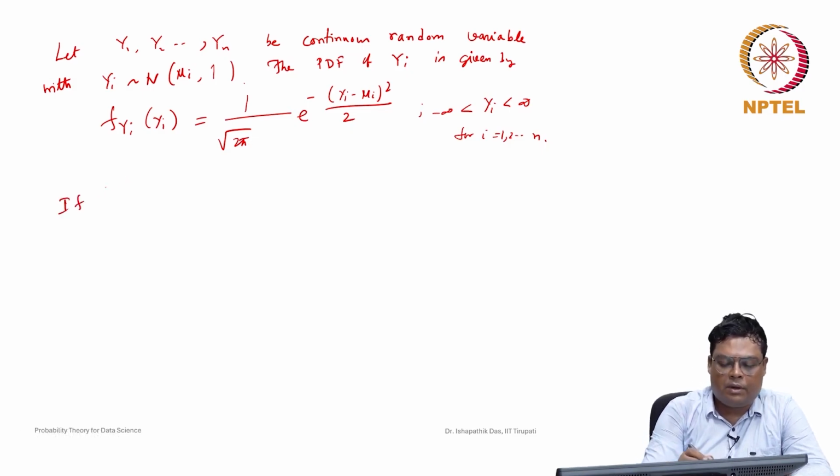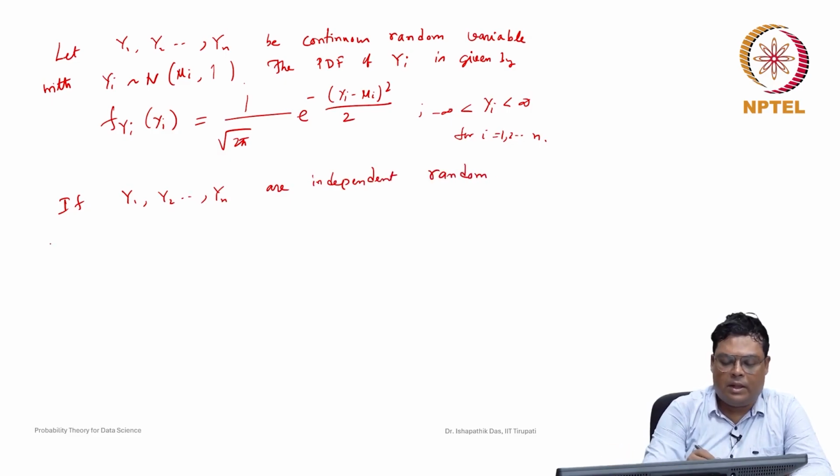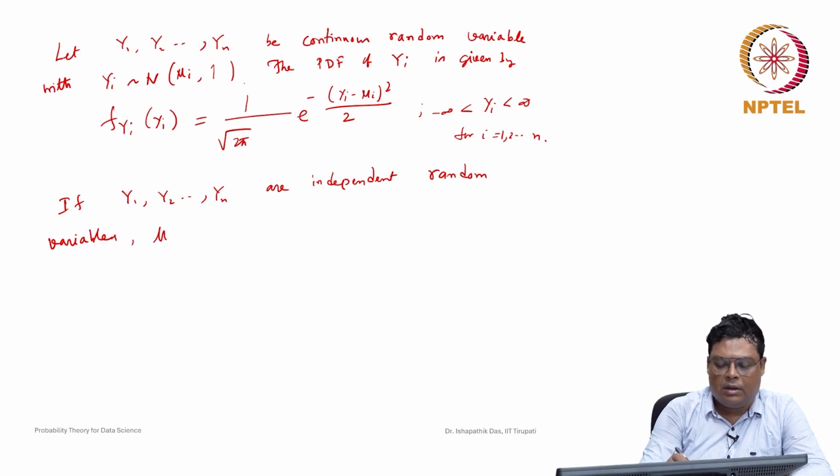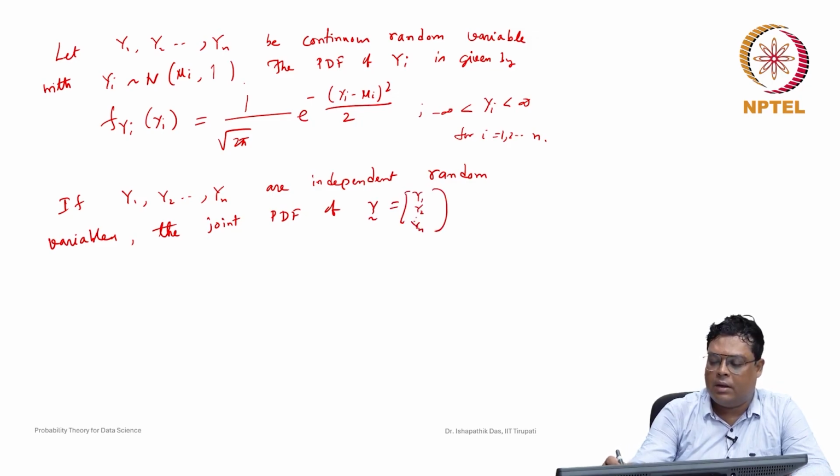Now if Y1, Y2, ..., Yn are independent random variables, the joint probability density function of Y1, ..., Yn is given by, if they are independent random variables, then we can find their joint probability density function.